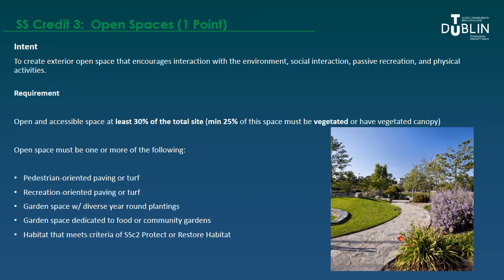Or recreation orientated paving or turf, some kind of garden space with diverse year-round planting. So it's not just planted or coming to life in one season only, or some kind of garden space that's dedicated to food or community gardens, or it's a habitat that meets the criteria of the SS, the Sustainable Sites second credit, to protect or restore habitats.